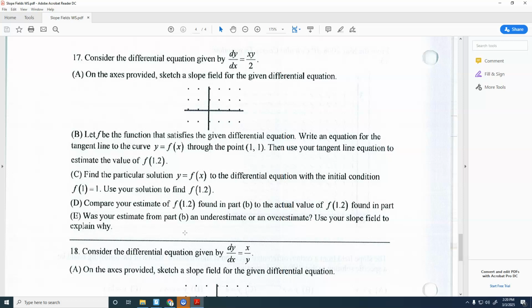Whenever you get to 17, you cannot do C, D, or E on that. So you can mark those out for now.